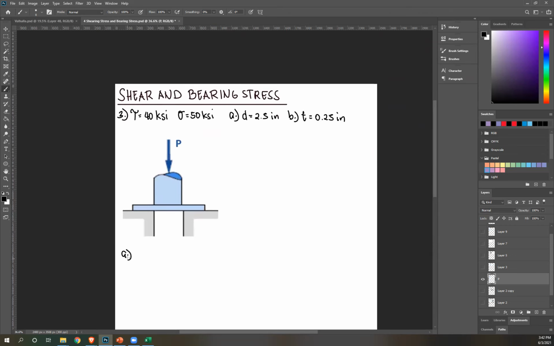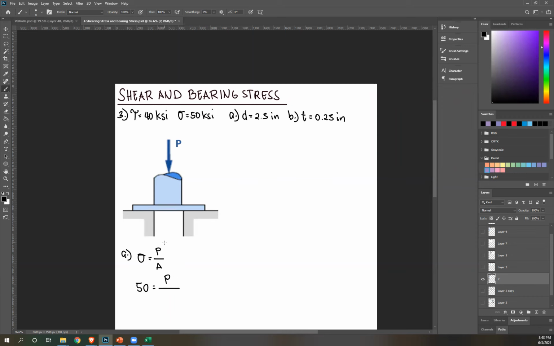Letter A, we're starting with the compressive stress. Recall the equation for compressive stress is P over A. It's your normal stress, and the stress is 50. This P is the maximum force that we can use in order to punch this hole. So that's one of the things we're looking for.